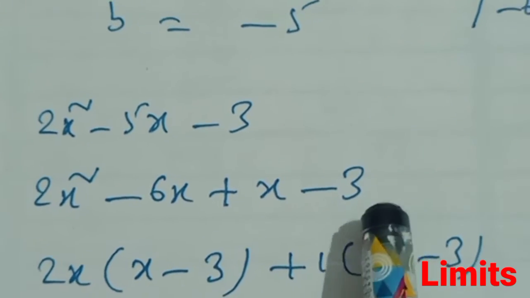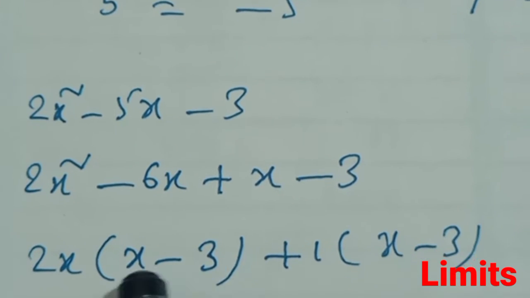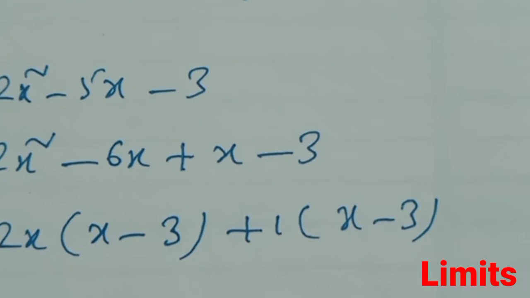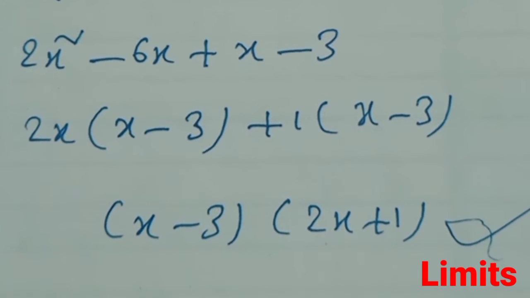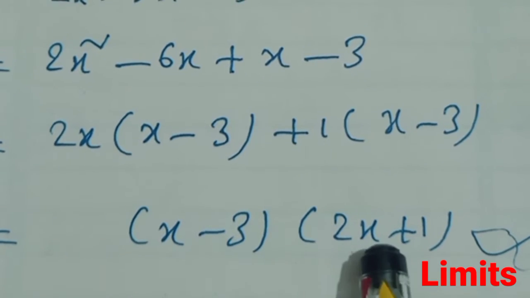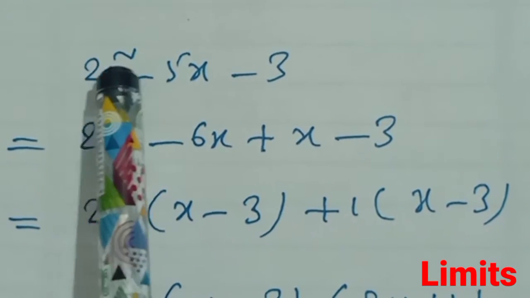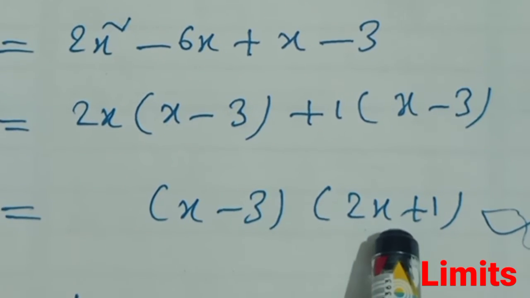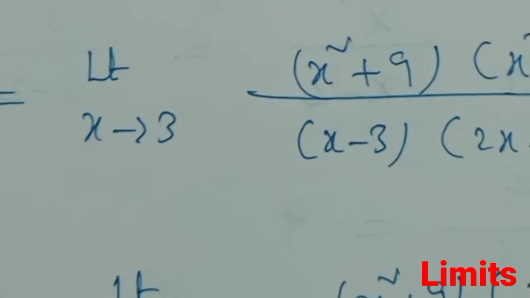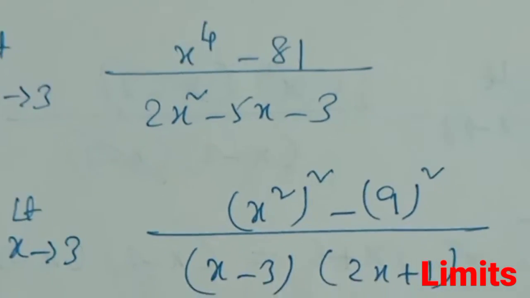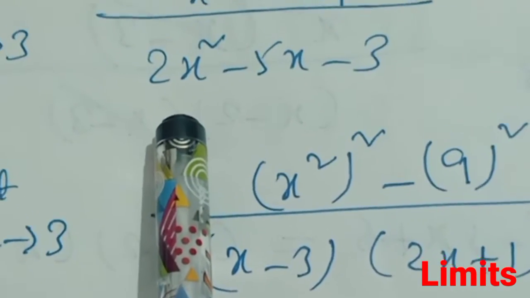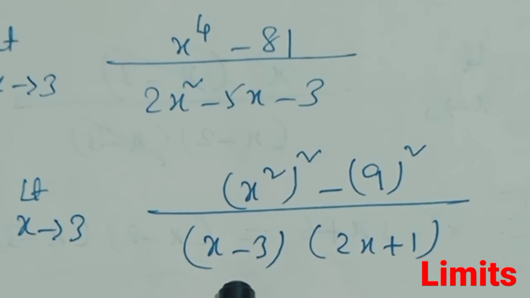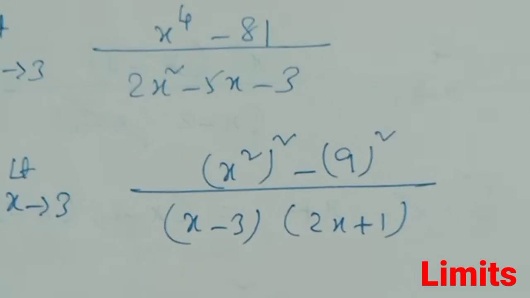In the last two terms we take plus 1 common, and we get the same factor, x minus 3. So finally x minus 3 is common, and we get 2x plus 1. So the factors of 2x square minus 5x minus 3 are x minus 3 into 2x plus 1. Now we write the denominator as its two factors, x minus 3 into 2x plus 1.